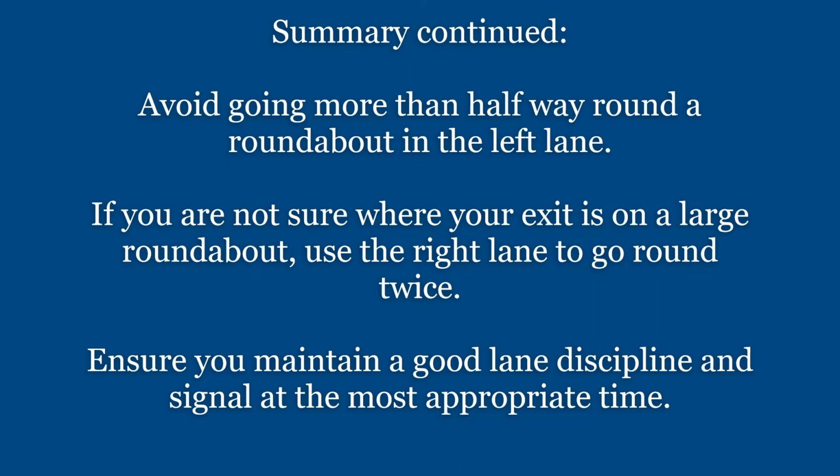If you're not sure where your exit is on the approach to a large roundabout, you can use the right-hand lane to go round once or twice to identify that exit so you can leave the roundabout safely. You should always maintain a good lane discipline, and the signal timing can be really crucial particularly when leaving from right turns.